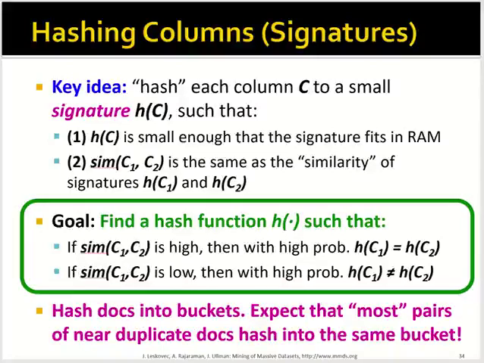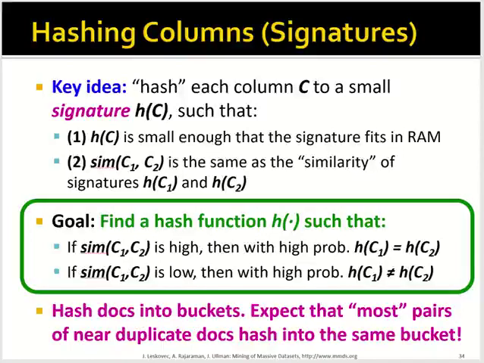If the similarity of C1 and C2 is low, we cannot have a high probability that H(C1) equals H(C2). So the final target is that we can hash documents into many buckets.